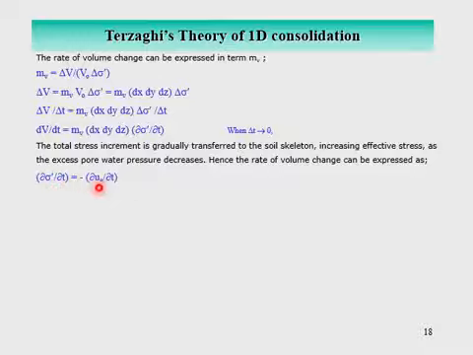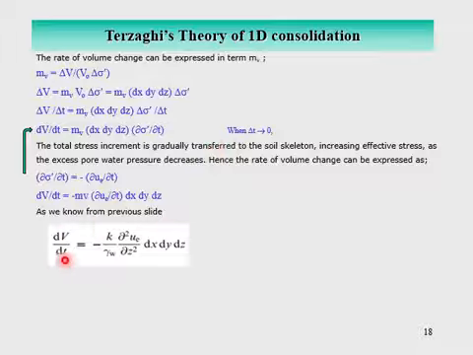As excess pore water pressure decreases with time, by the same amount the effective stress would increase, but with a negative sign, because if one quantity is increasing, the other is decreasing. So we can replace curly sigma prime over curly t with curly u_e over curly t with a negative sign. The equation would become like this. Put this equation here, and it would be like this. Now the equation of dV by dt is in terms of excess pore water pressure.